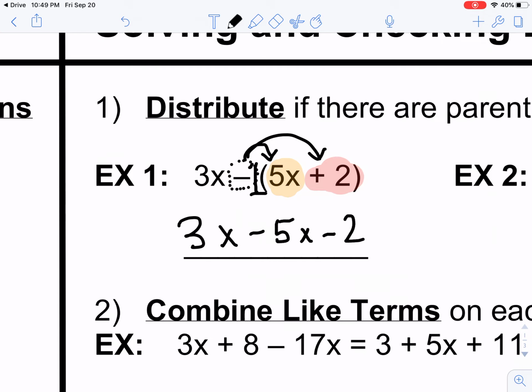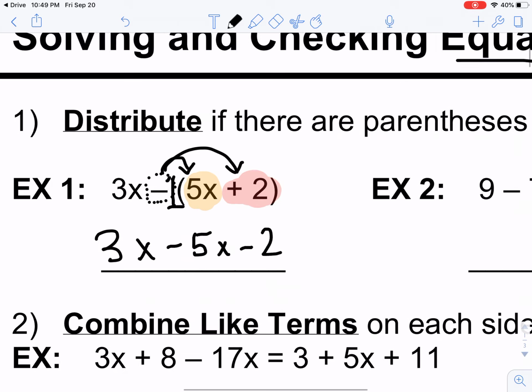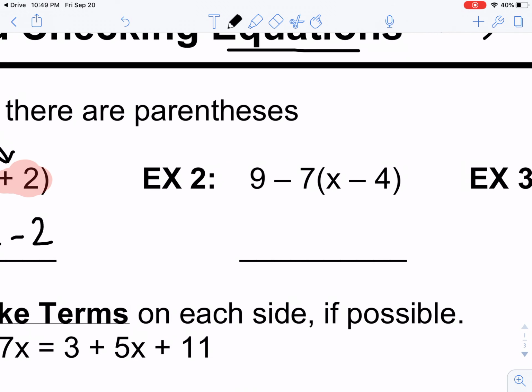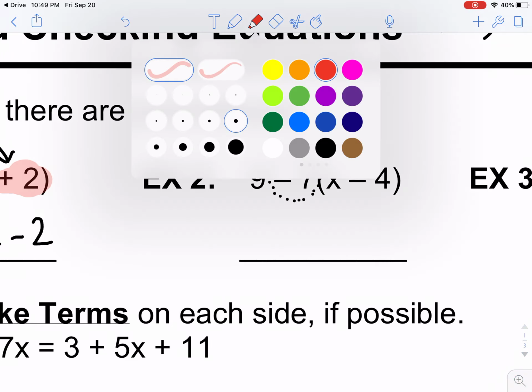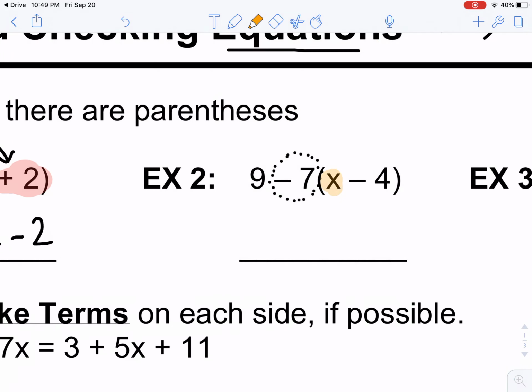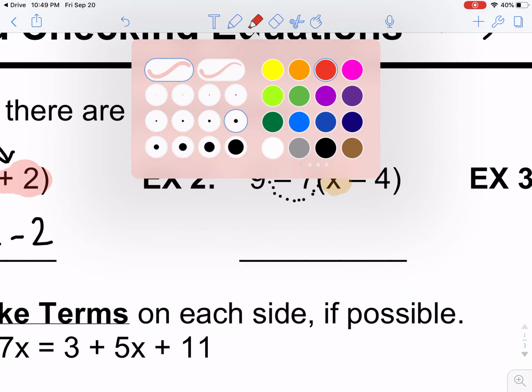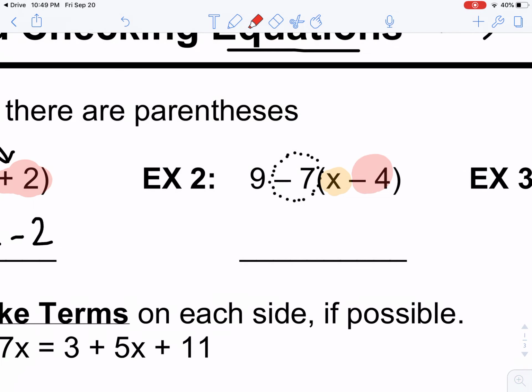Here's another example. 9 minus 7, and in parentheses we have x minus 4. What we need to do here is distribute the negative 7 into x and minus 4.